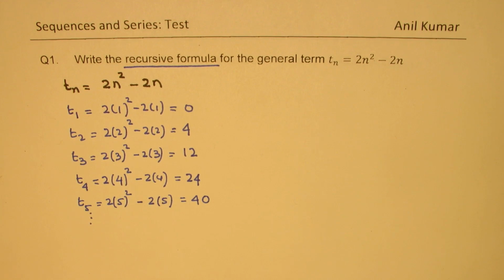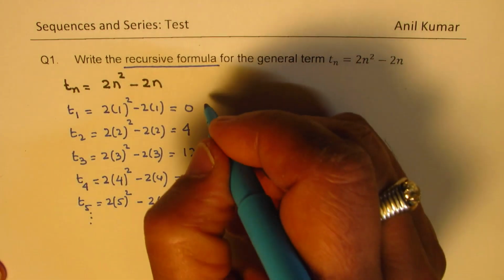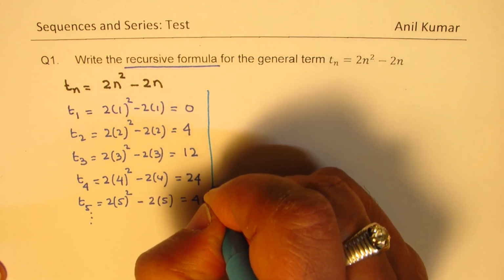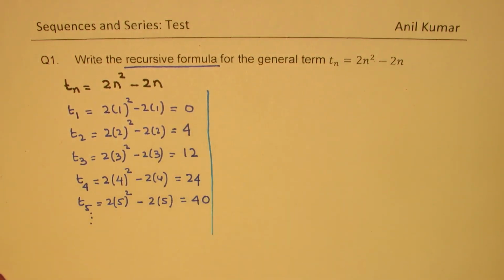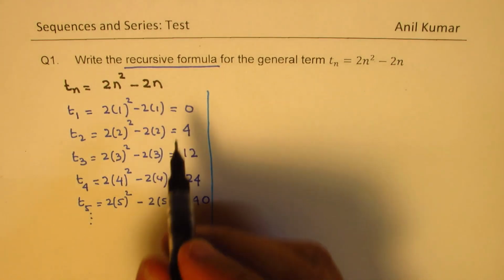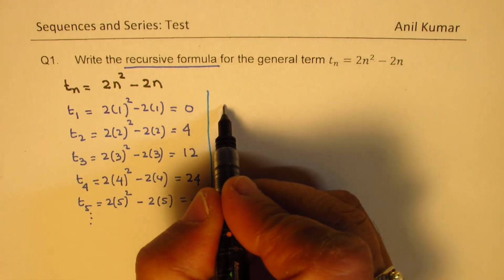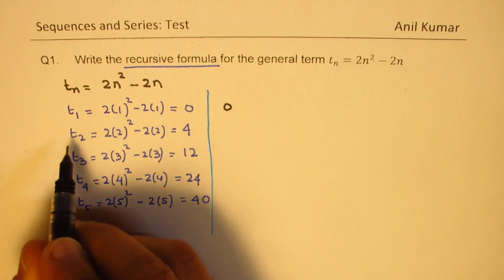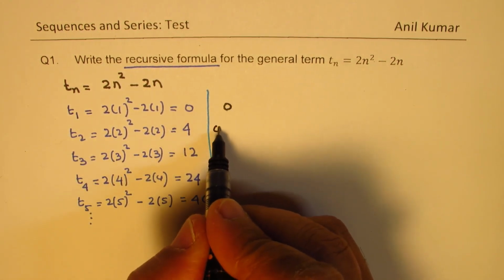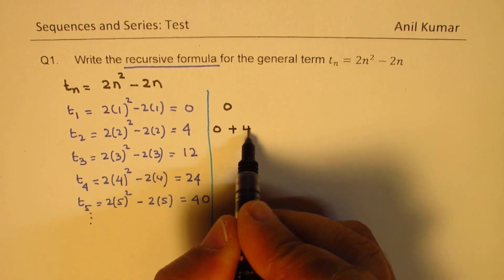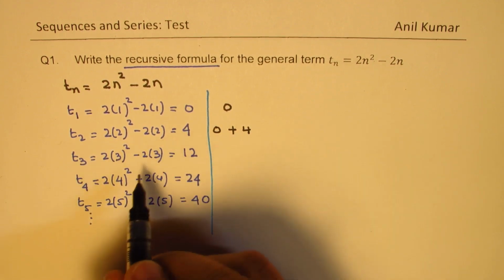Now, what we could do here is rewrite these values as a combination of the previous term and the new term. What I'm trying to say here is we know T1 is 0, right? Now T2 is 0 plus what? T2 is 0 plus 4, correct? That is how you get 4.